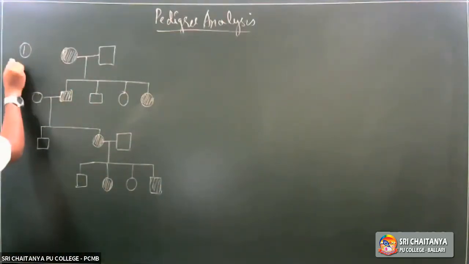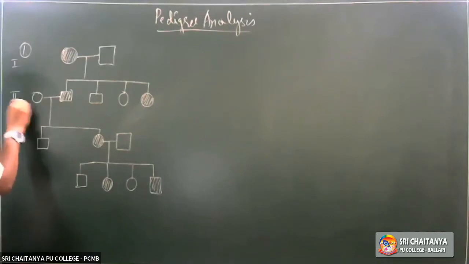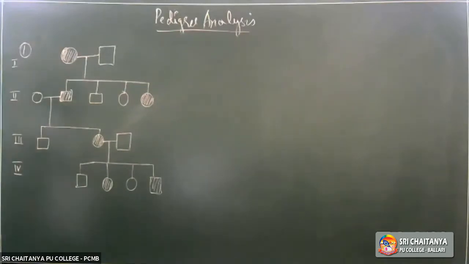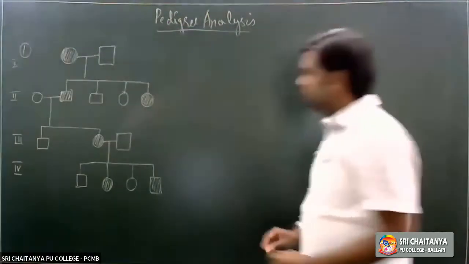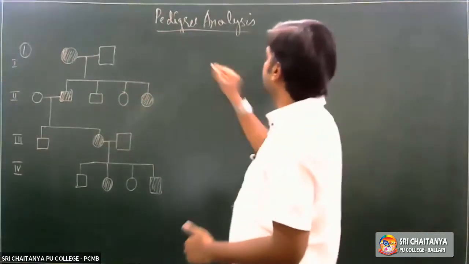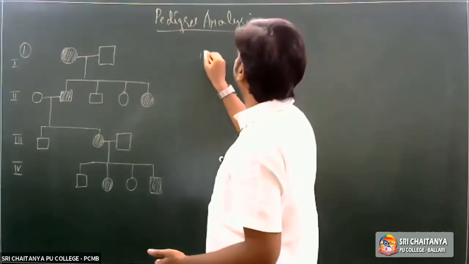So this would be the first generation, second generation, third generation, and the fourth generation. You can quickly take this down so that we start interpreting this particular chart. You'll be given four options for this.